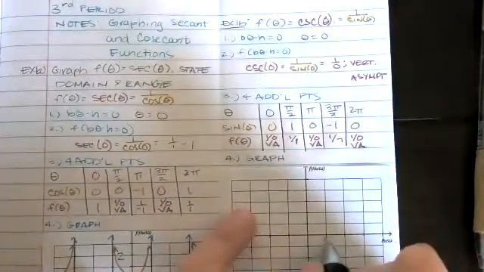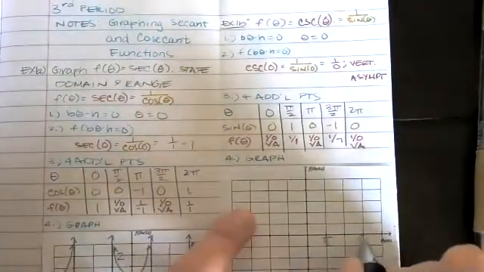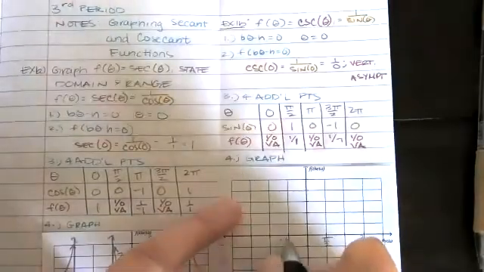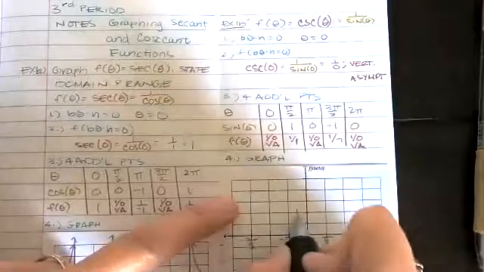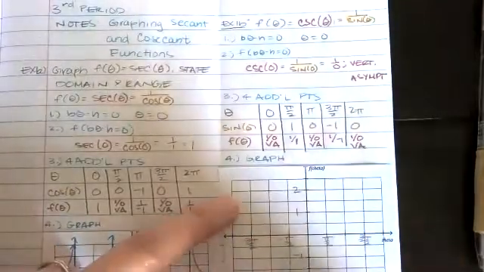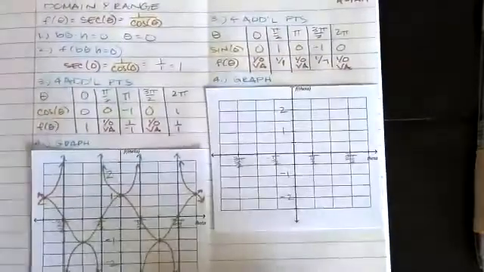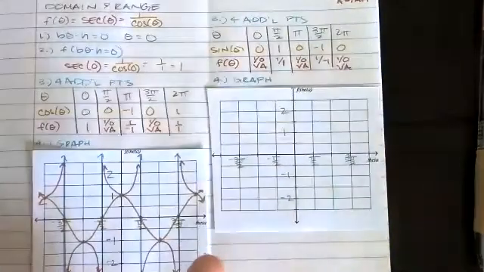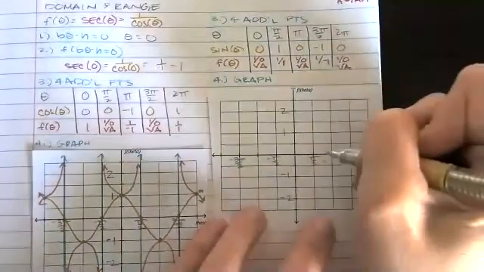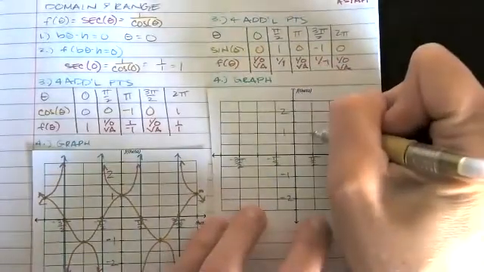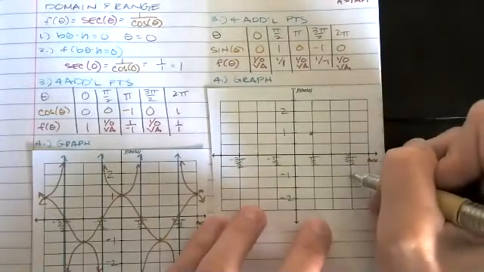So we've got pi over 2. We're counting by our same quadrantial angles here. And I'm going to count by halves, again, just so things are kind of spaced out nicely. Okay, so we said pi over 2 is up at 1. 3 pi over 2 is at negative 1.